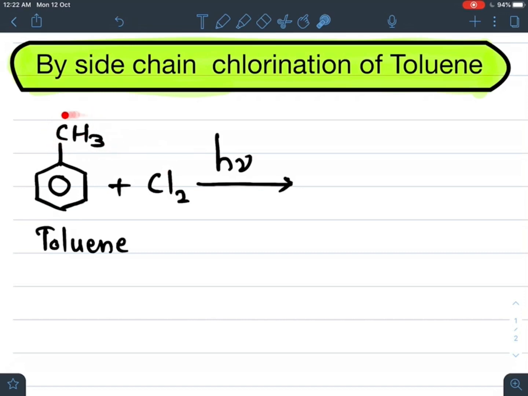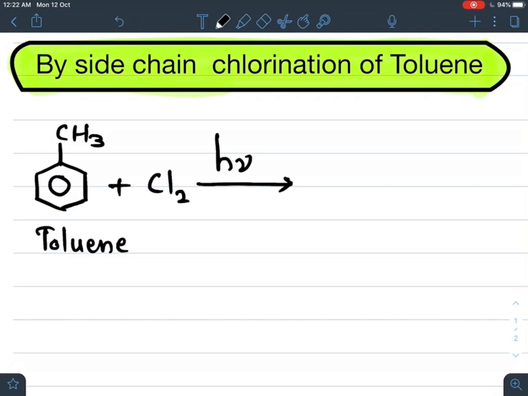CH3 is present as a substituent group and the chlorination takes place on this side chain, so this reaction is generally called side chain chlorination.